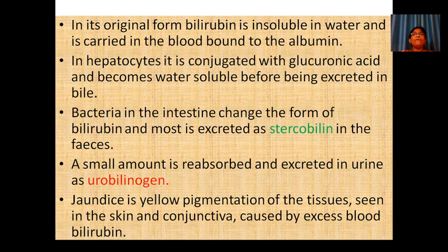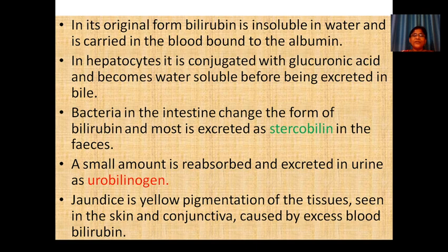In its original form, bilirubin is insoluble in water and is carried in the blood bound to albumin. In hepatocytes, it is conjugated with glucuronic acid and becomes water soluble before being excreted in bile.